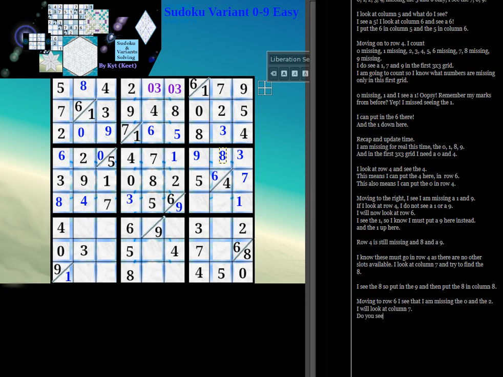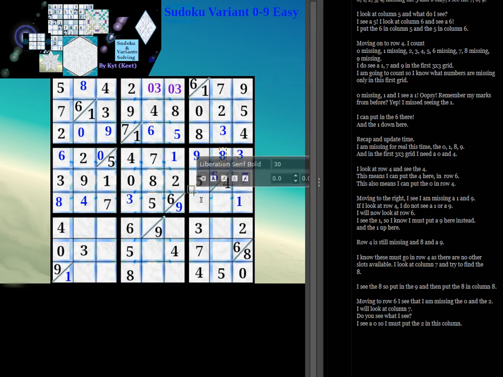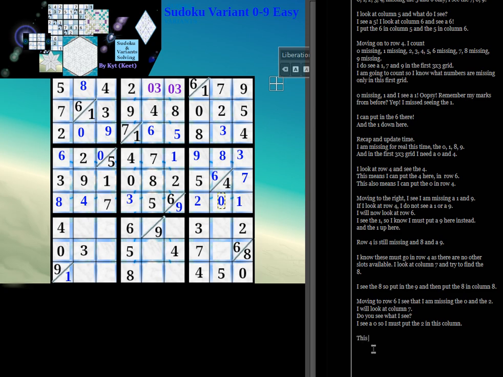Do you see what I see? I see a 0, so I must put the 2 in this column. This means the 0 goes next door.